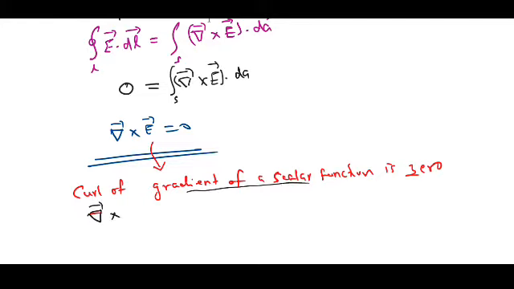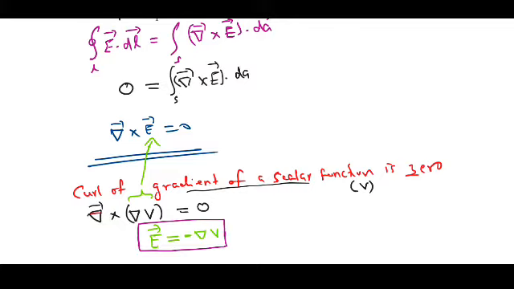If V is a scalar function, I can take del V. Then this del V is nothing but this electric field. That is, this vector electric field E can be written as the gradient of the scalar potential, but conventionally we put a minus sign here.